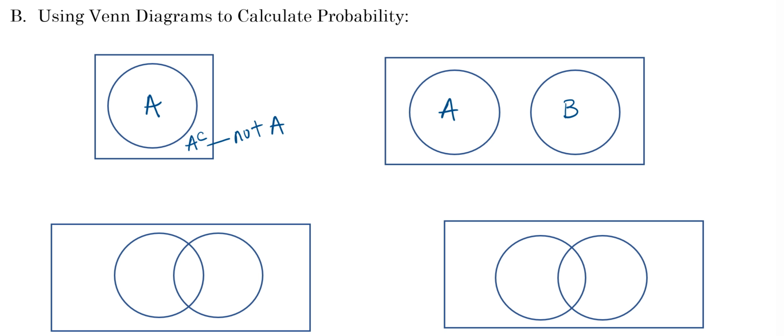Well, if you notice, there's no overlap whatsoever. So that means that an event cannot be both A and B. It is either A or it is B. So in other words, this would be a Venn diagram for if A and B are mutually exclusive.